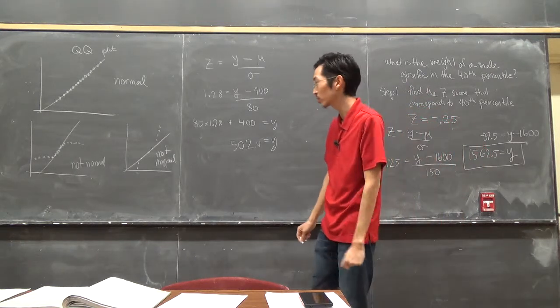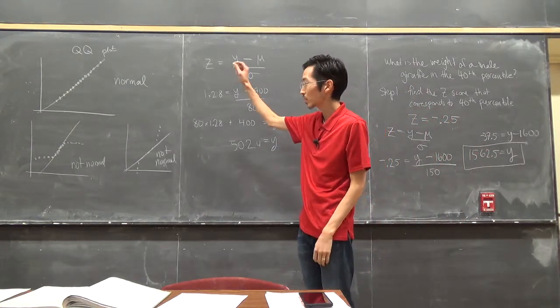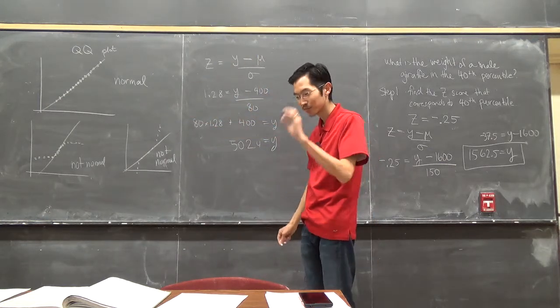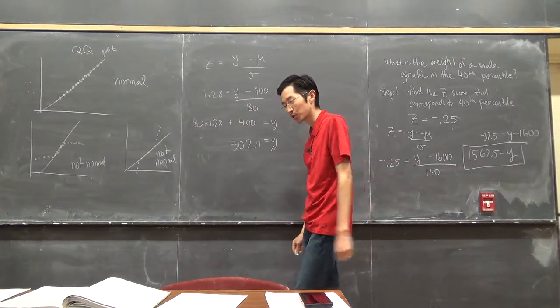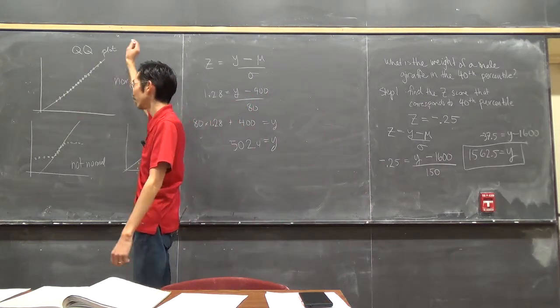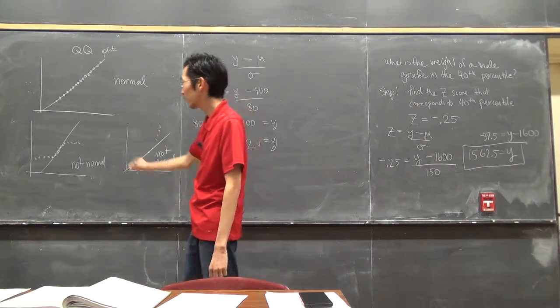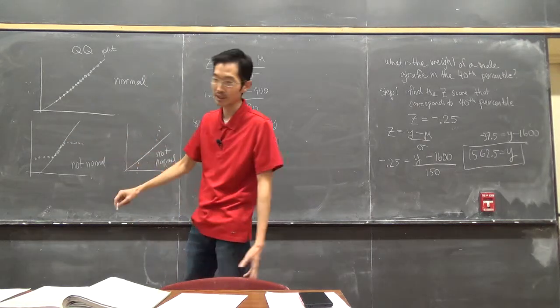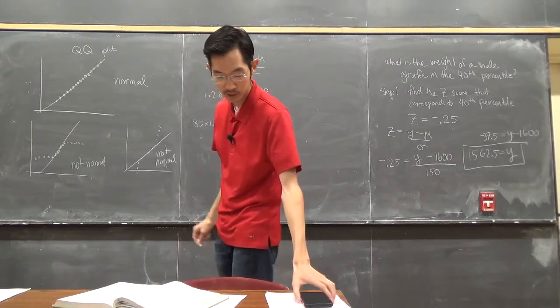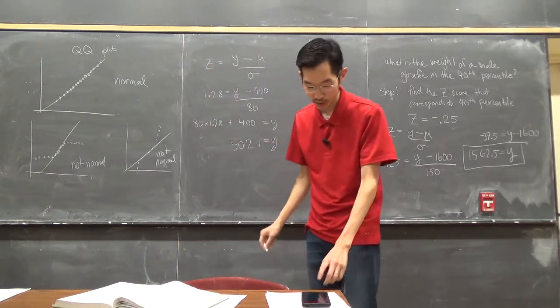Basically, if the data goes in a straight line, it fits the distribution you're looking for. So if you made a QQ normal plot and it looks like this, your data is normal. And if it goes like this or like this, your data is not normal. You have questions that ask for more detail than that.